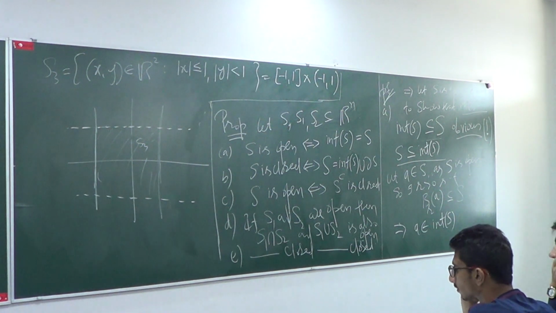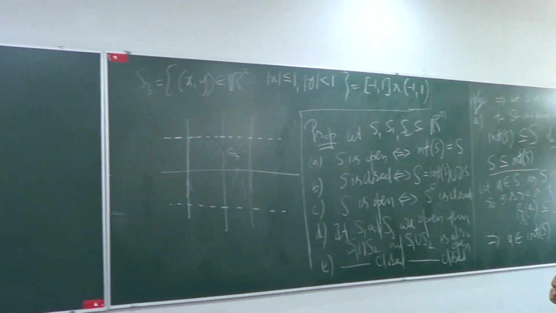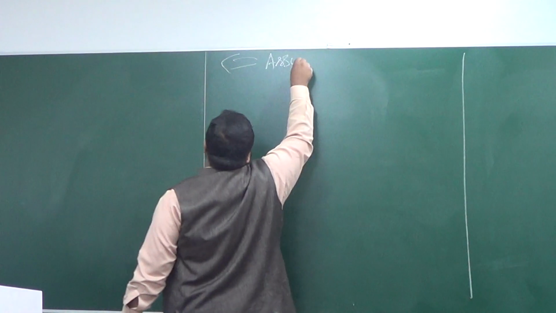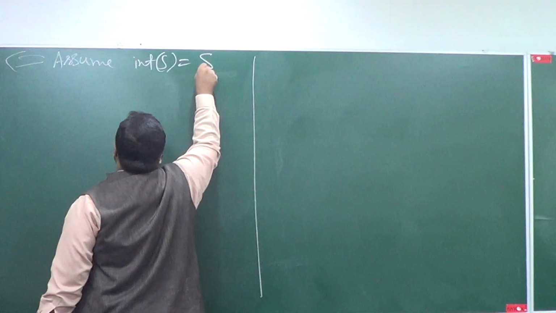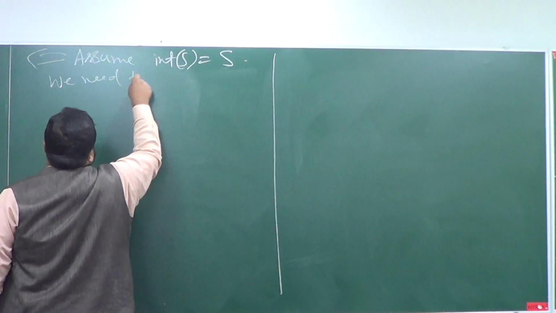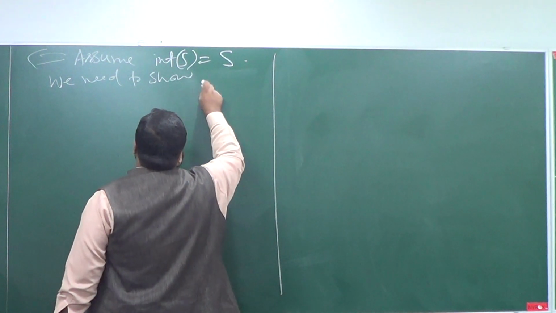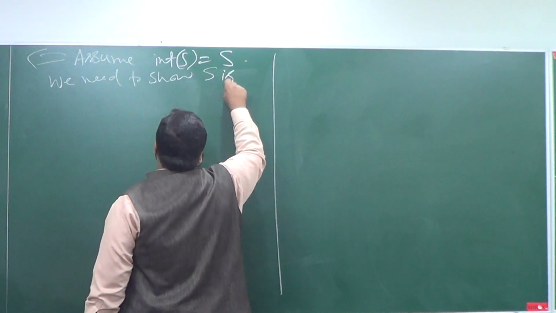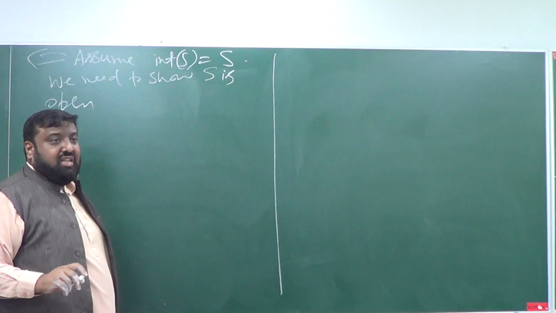Here's the thing. The next part is to assume that the interior of S is equal to S, and we need to show that S is open. And how can I show open? So what is the definition of being an open set?